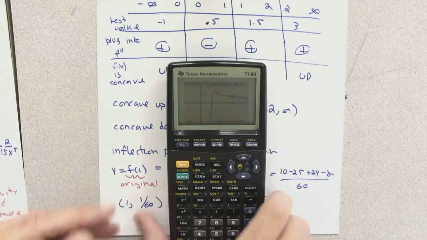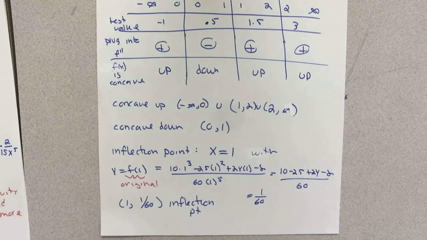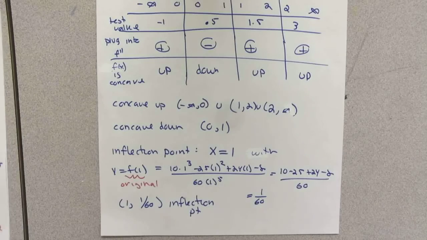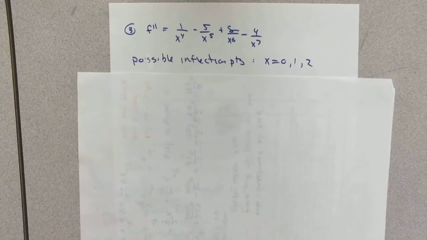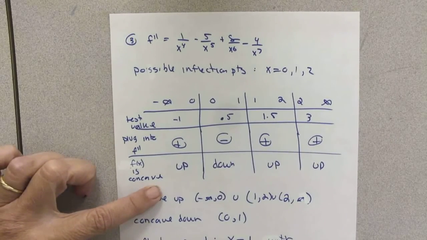So that guy checks. And again, I want to emphasize here, there will be a good number of you that when I say find the inflection points, you will get to this point right here and you will stop. You will find the possible inflection points, you will get that data, and you will just stop. And you will not make this chart.